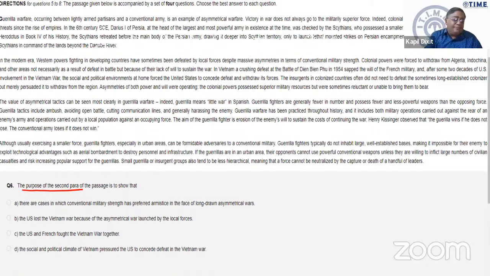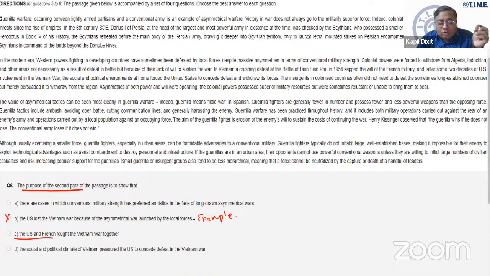This para was not about the US and the Vietnam War alone. The para mentions other examples as well. This is just an example, not the purpose. So not B. The author wasn't really trying to make this point.